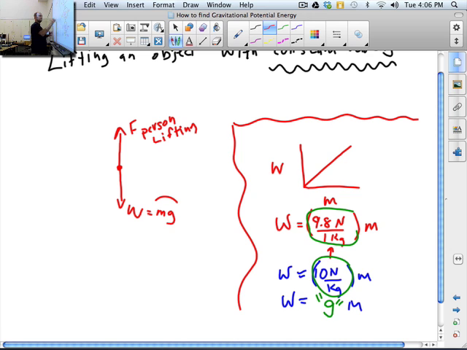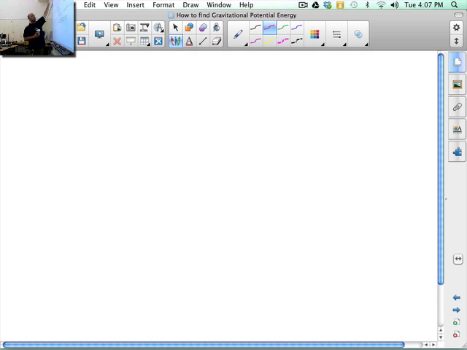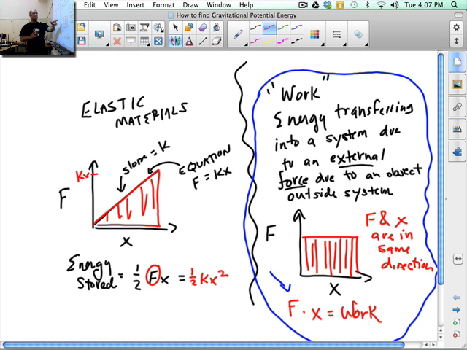Are you guys good? Now, that means the force due to the person lifting is also equal in magnitude to mg, right? So now we've got everything we need. If I go back to the very first slide, we know the work done when you lift something with constant velocity is mg times the distance you lift it.